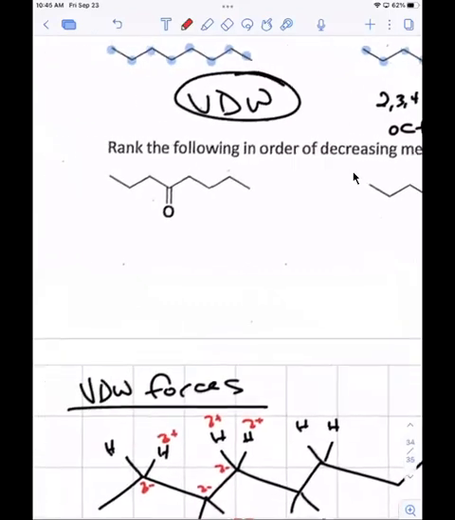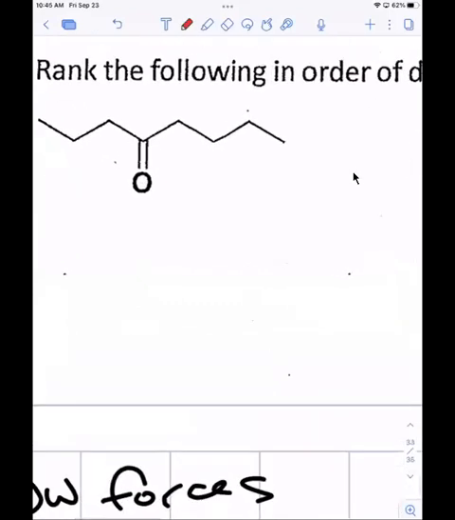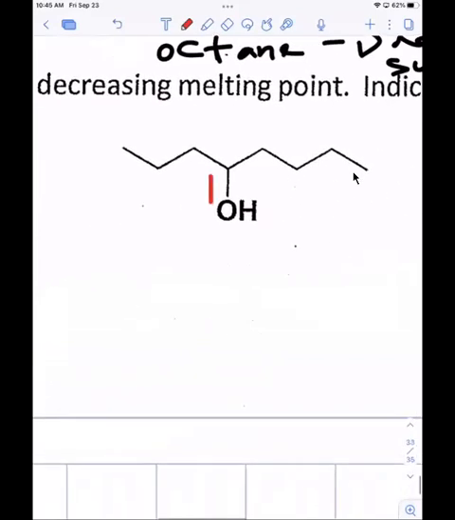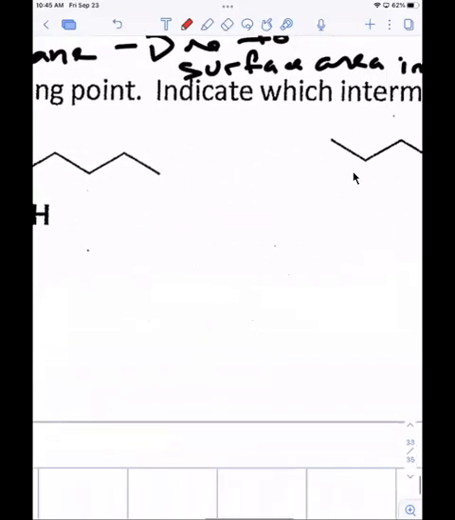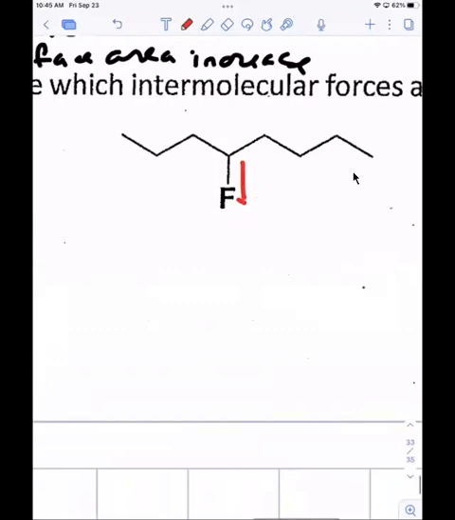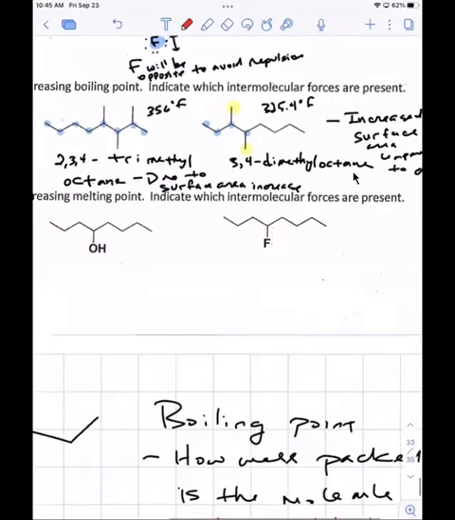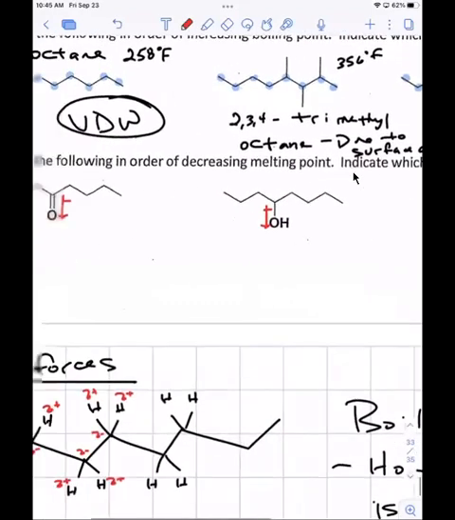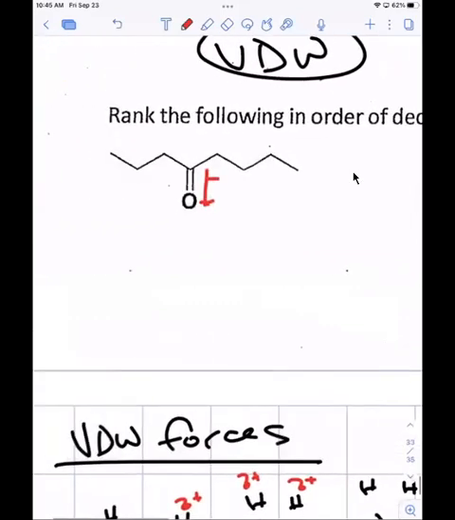So all of these have a dipole present. Right, so in addition to having, remember everything has van der Waals, so you can say that for everything.